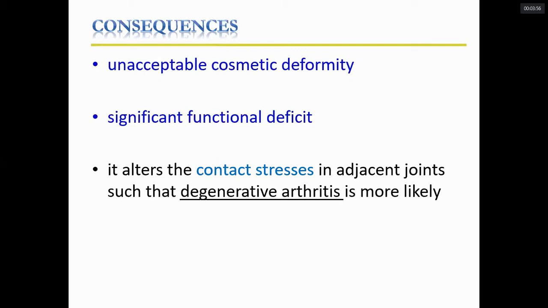Also, the contact stresses which pass across the joint are not normal, so there is every chance that osteoarthritis may develop in the nearby joint at an earlier age.